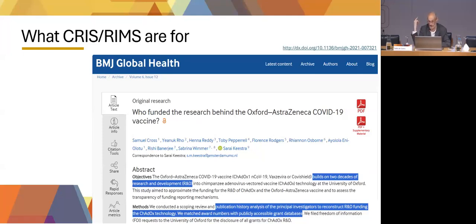As you can see, it's an investigation on who funded the research behind the COVID vaccine jointly produced and distributed by Oxford University and AstraZeneca, the pharma company. So this would be a different kind of example for "La ciencia nos salva el día".